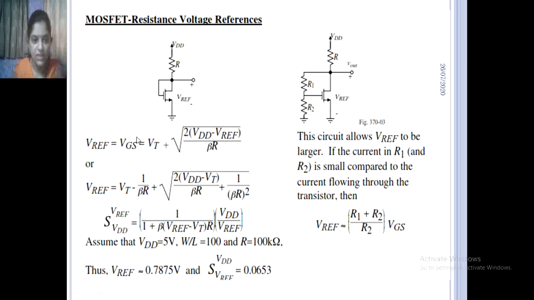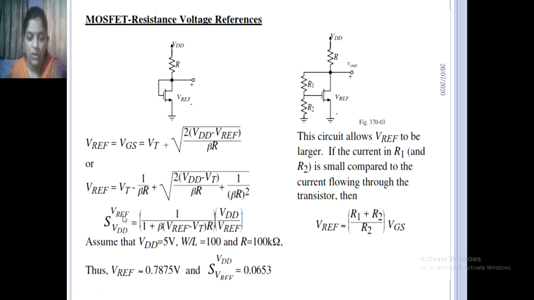For this circuit, V reference is equal to VGS, which is equal to VT plus the square root of 2 times VDD minus V reference over beta R. If we rearrange this equation by adjusting the terms, we can write it like this.